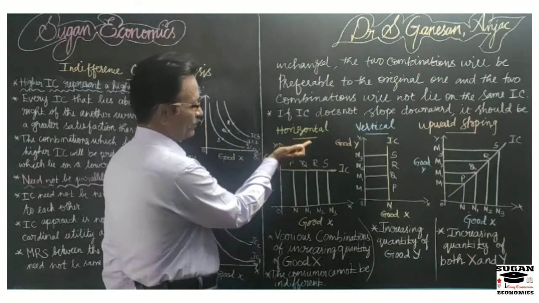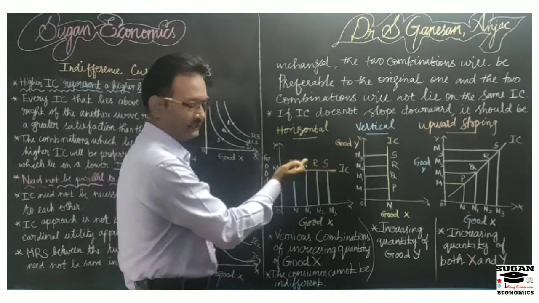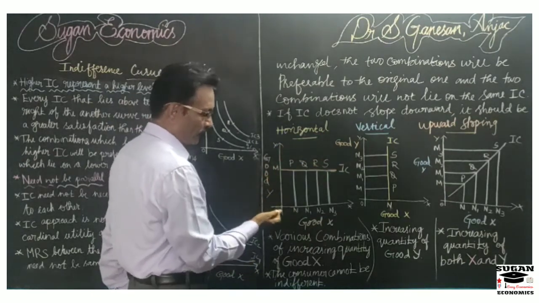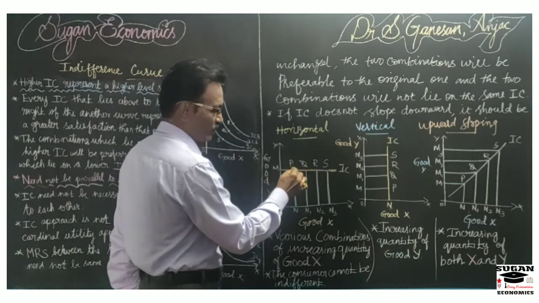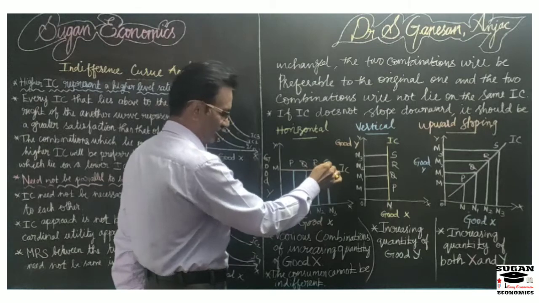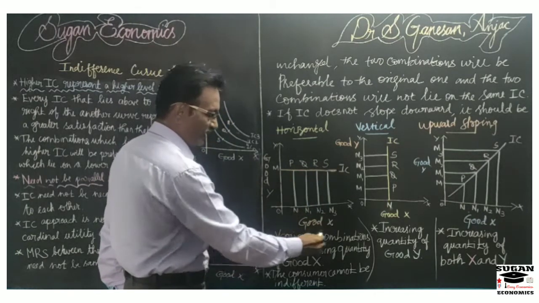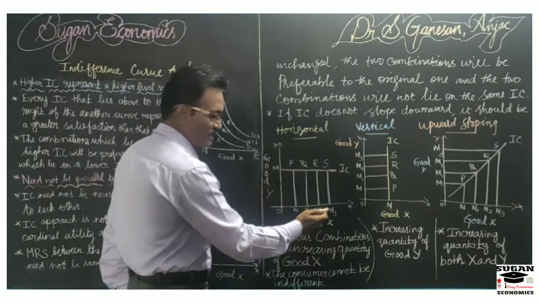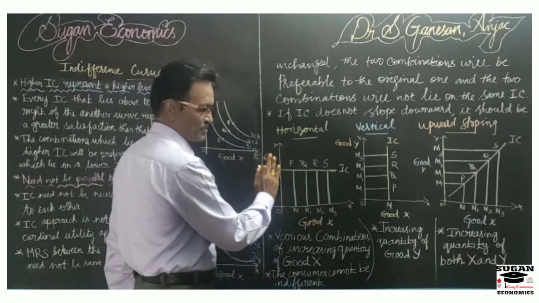First, you take into account the horizontal. Suppose the indifference curve is horizontal in nature. So here in the diagram, the various combinations, that is, various points we have taken: P, Q, R and S. These various points will provide various combinations of increasing quantity of x, keeping the good y constant.